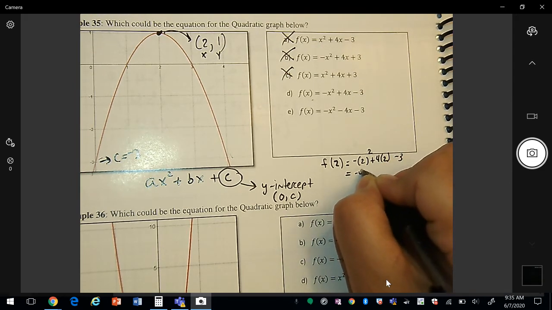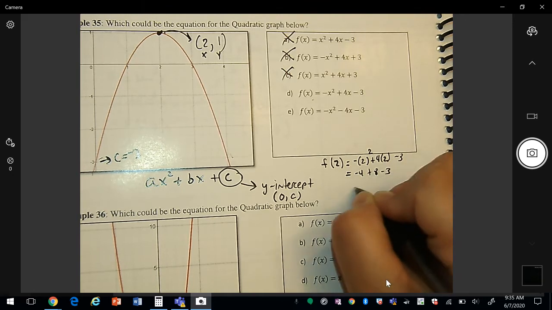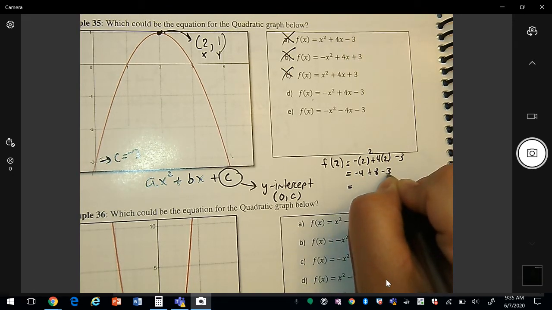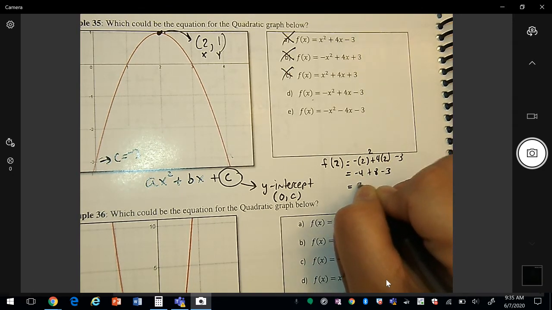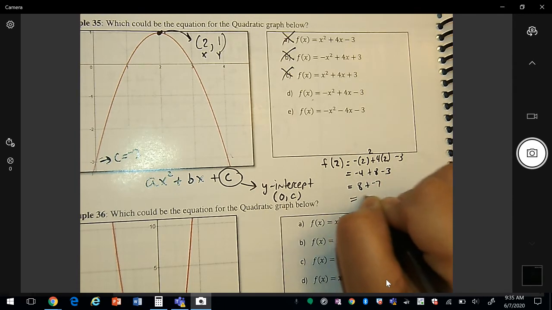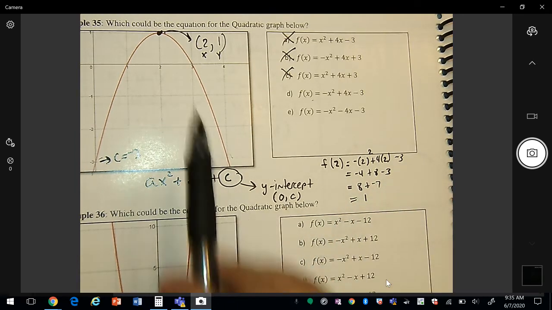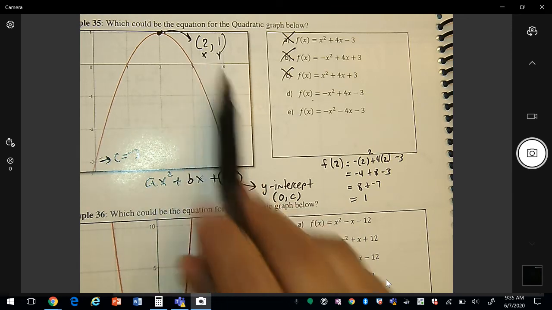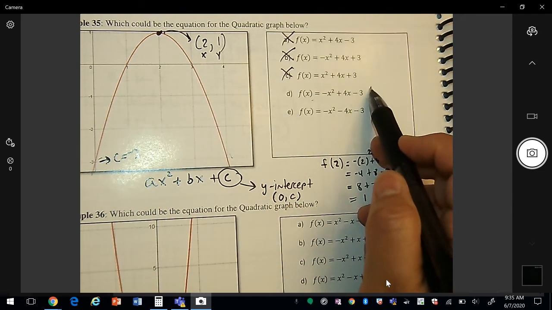So that's negative 4 plus 8 minus 3. So negative 4 and negative 3 is negative 7. So we get 1. So that gives me the vertex 2, 1. So that works for this one.